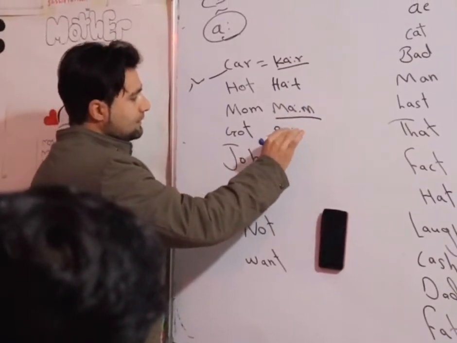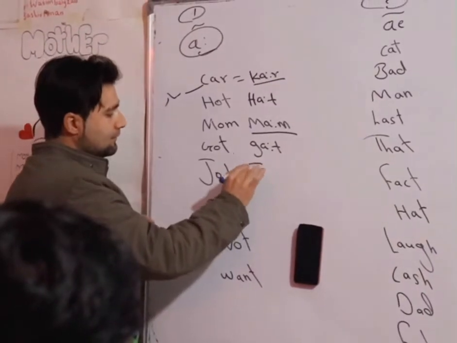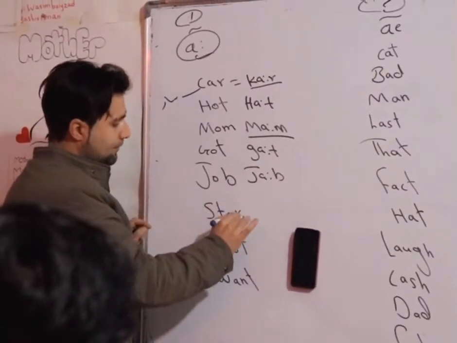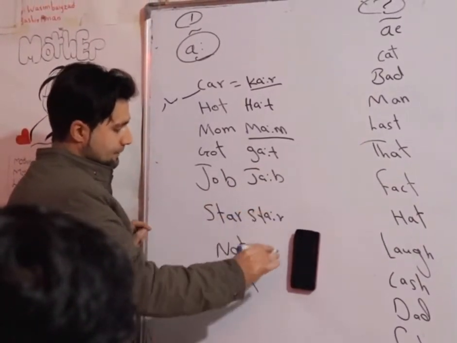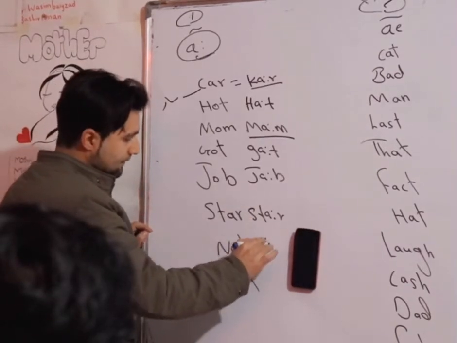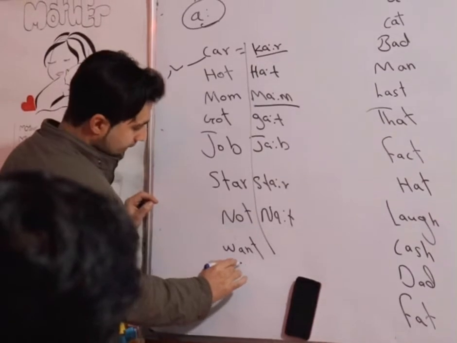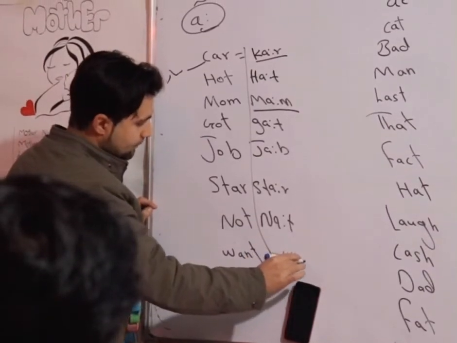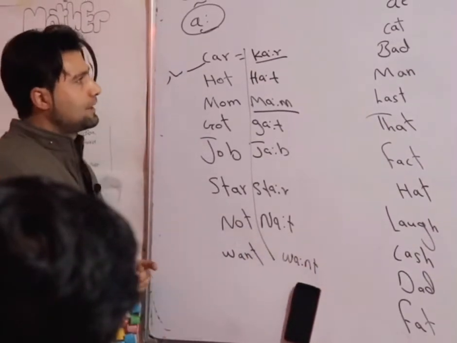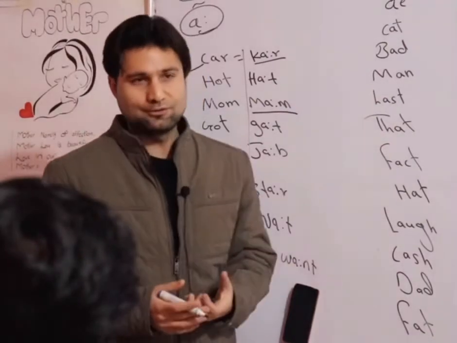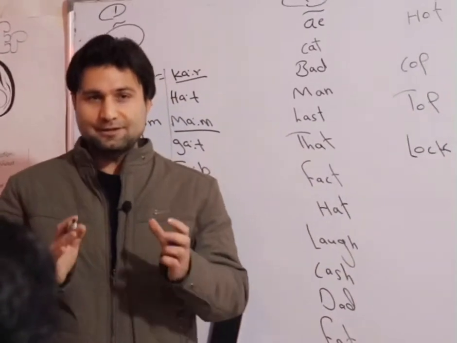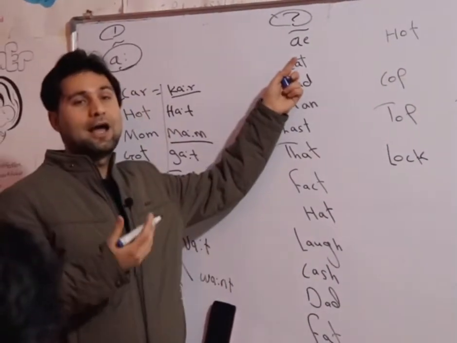Mom. What is it? God. What is it? Job. What is it? Star. What is it? Not. And finally, want. The other sound is, as I told you in a short glance yesterday, ah.